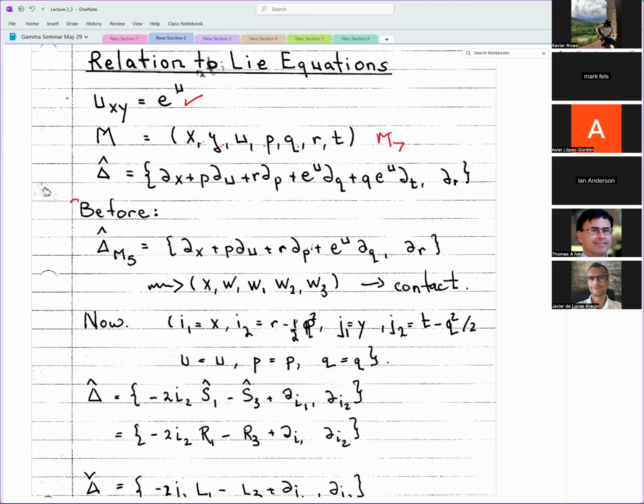This is what I did before: I took this thing, restricted it to a level set, got this, made a change of variables, and it became the standard contact distribution. So let's not do that. Let's do something else. I want to go to what I call the intermediate integral.